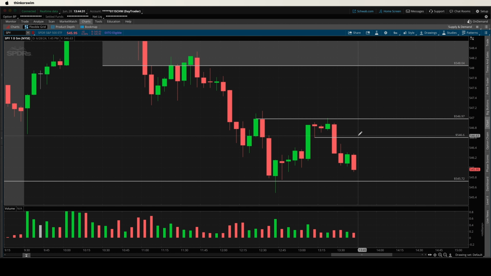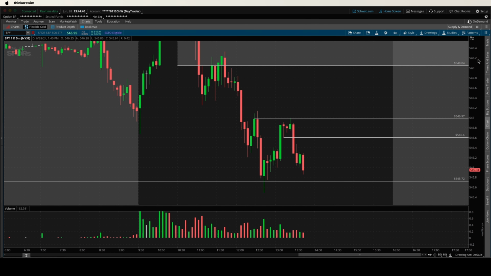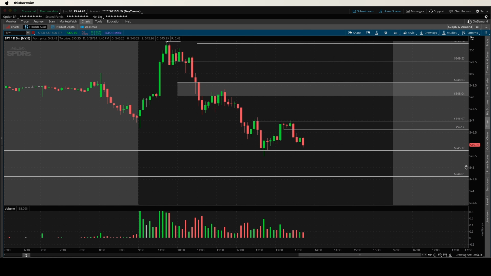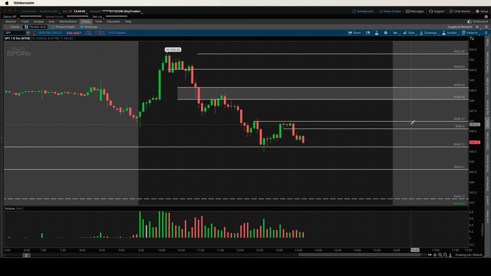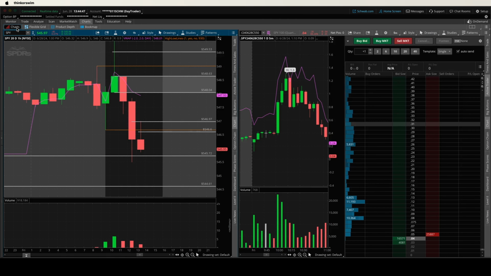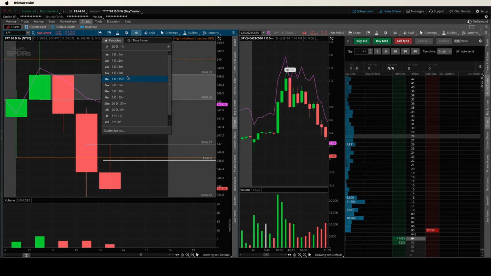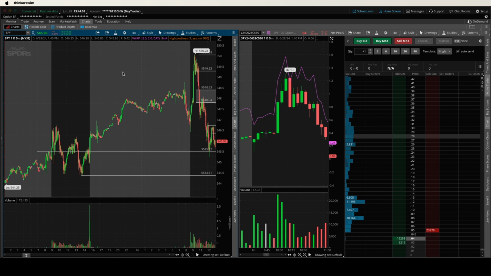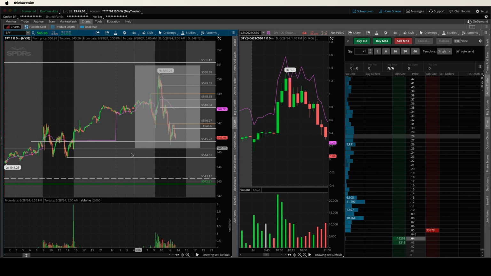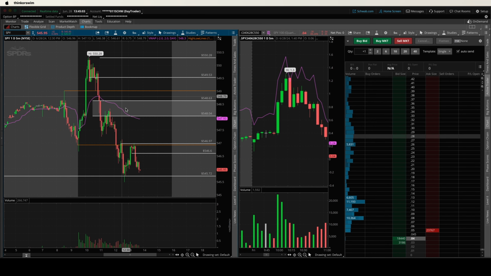But that's a little bit about how I find my levels, how I trade my levels, and hopefully this is of help. Aside from the lines I draw, I just throw a VWAP on my charts. I usually have the contract here for the options I'm trading, and then I have a VWAP thrown on there, and maybe this indicator that shows me pre-market high and low.